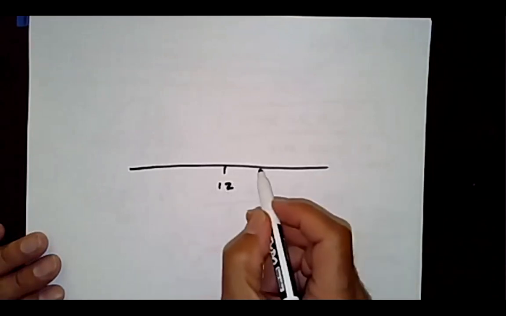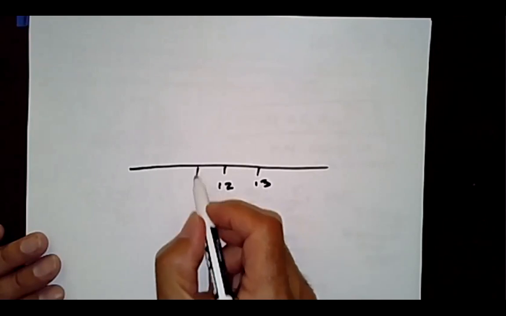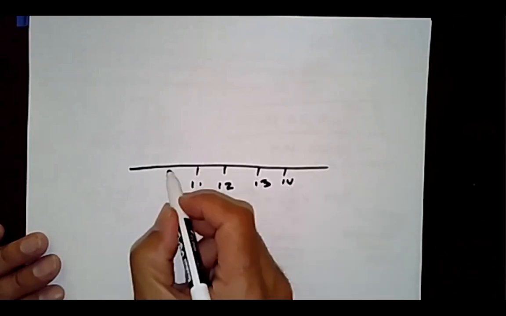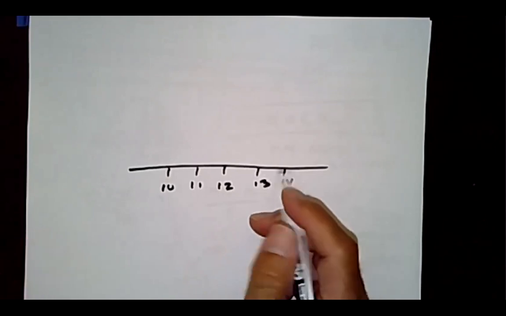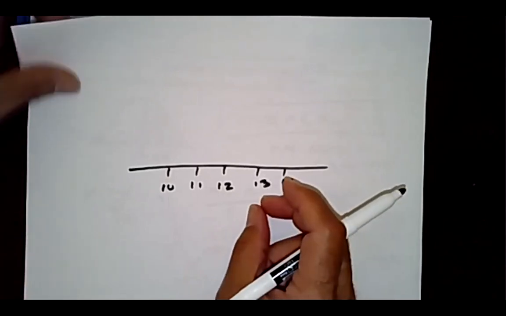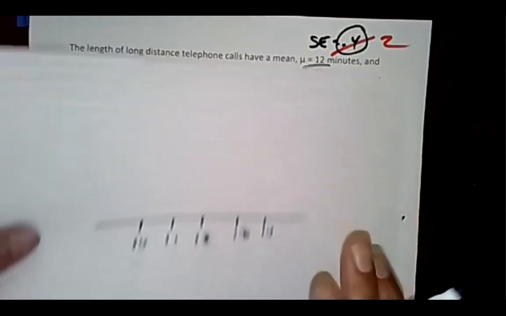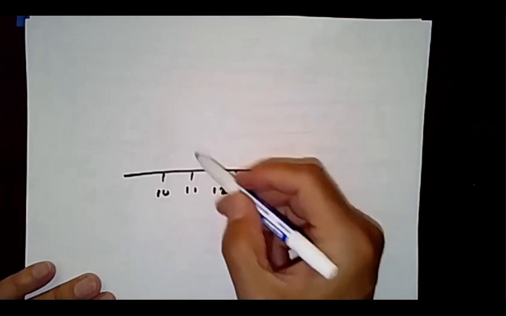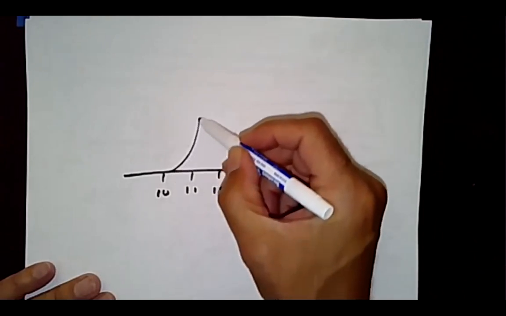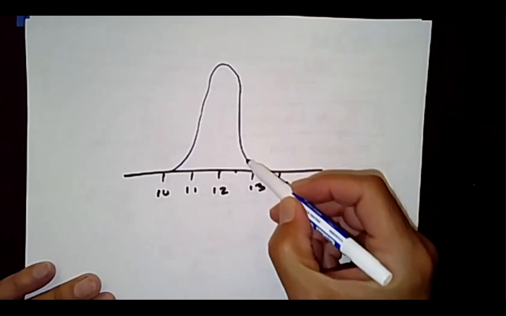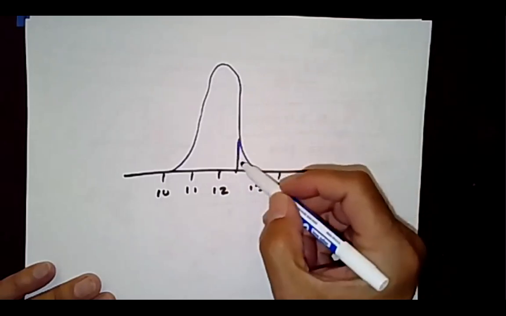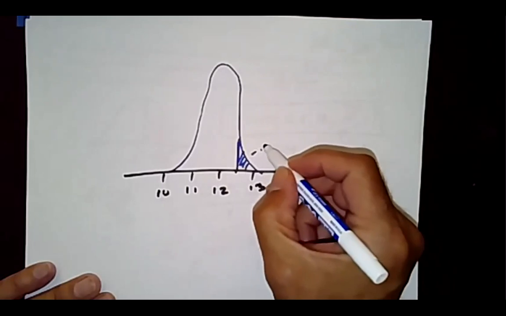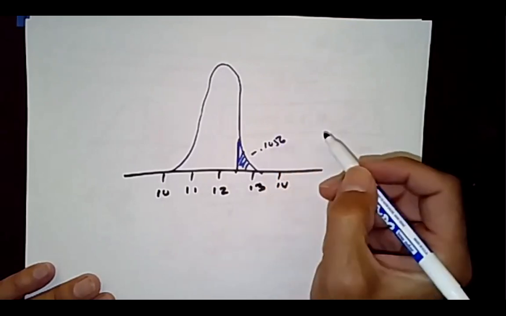Here's 12. Here's 13. Here's 11. Here's 14. Here's 10, right? This question is asking exceeds 12.5. So here's this point. With the first one, the mean looks like this. This is 0.1056.